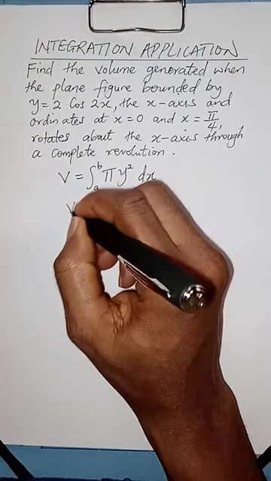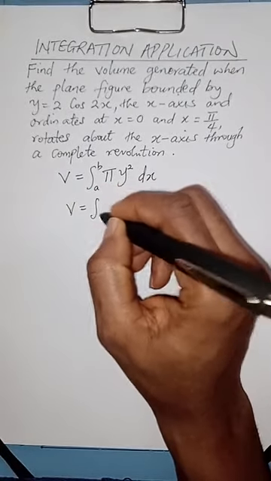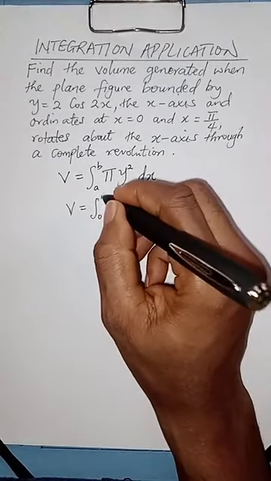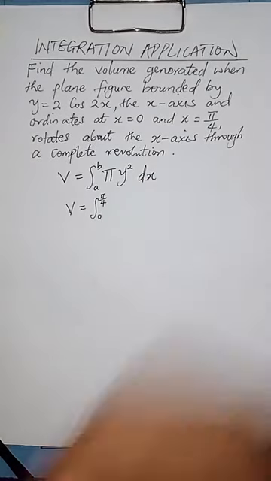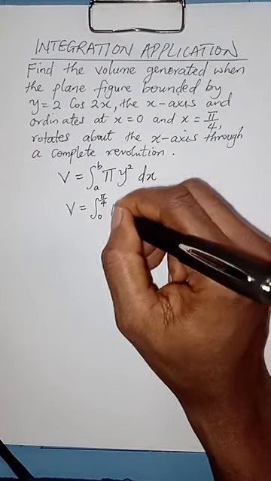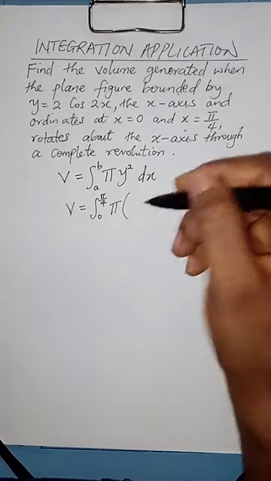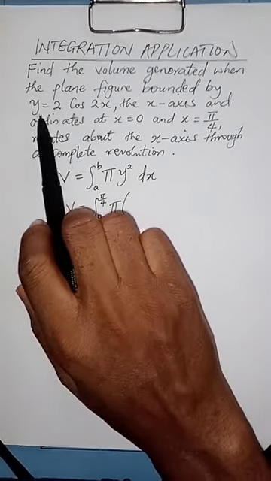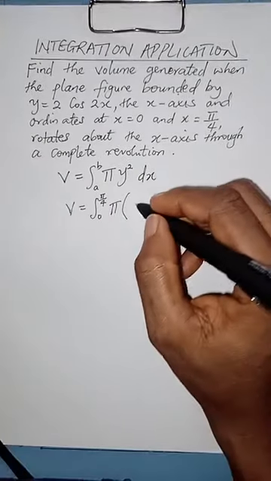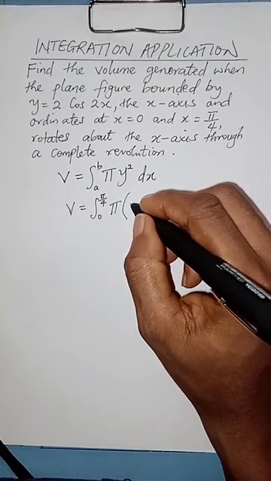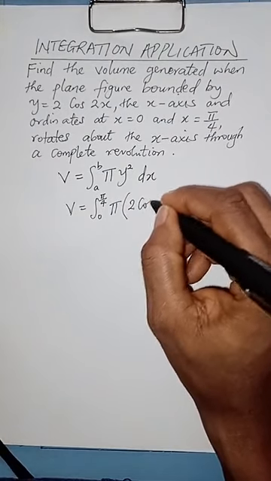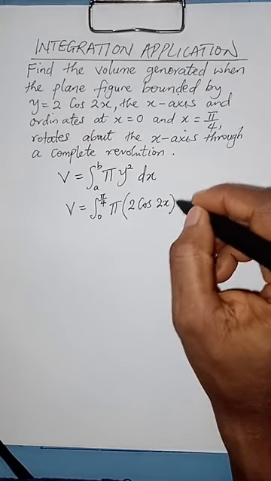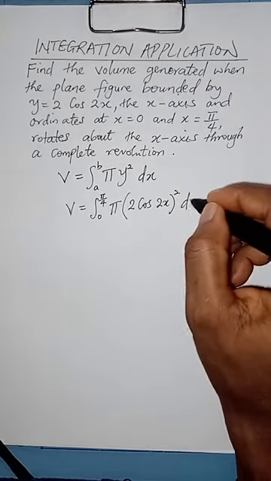So the volume will be, your a is 0, your b is pi divided by 4. This is your pi. You open a bracket for y squared. You're given the equation y equals 2 cos 2x. So in place of y, you're going to write 2 cos 2x, and it's squared, so you're going to square whatever you have there, dx.